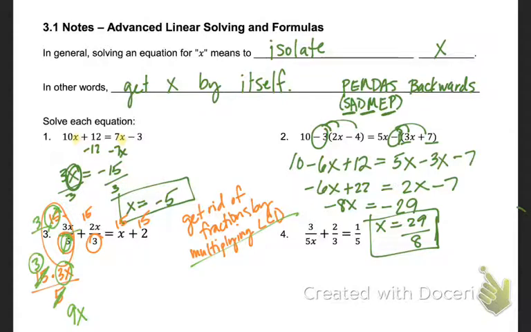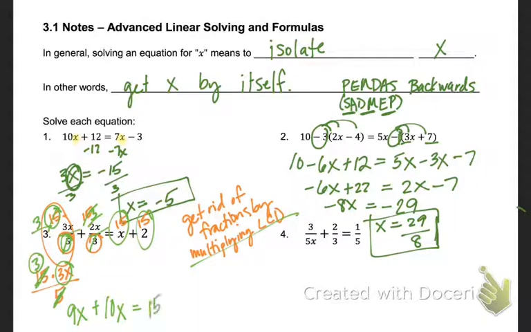So try it with the second term. 15 over 3 reduces to 5. 5 times 2x gives me 10x. On the right-hand side, I'm literally just multiplying these by 15. There's no denominator, so there's nothing to cross out.